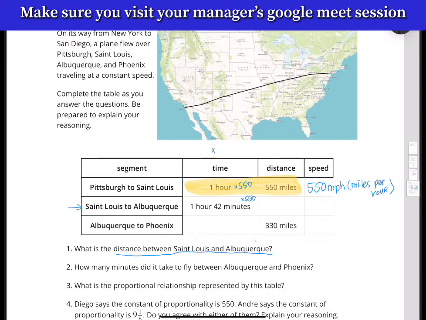I'm going to put 550 on top, in blue, for going to this side. But if I need to find a missing value right here, I'm going to have to divide by 550.